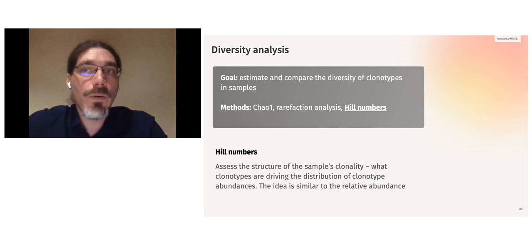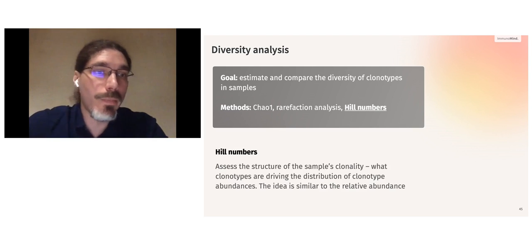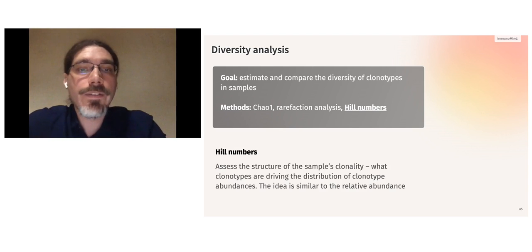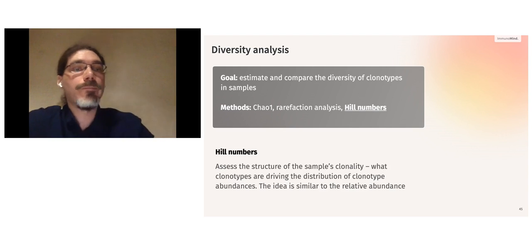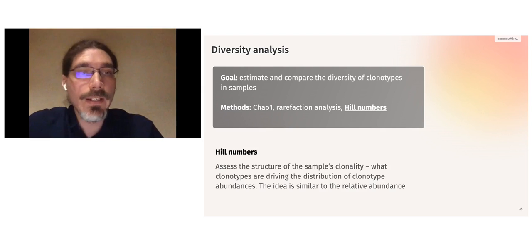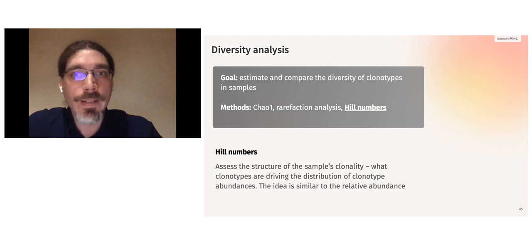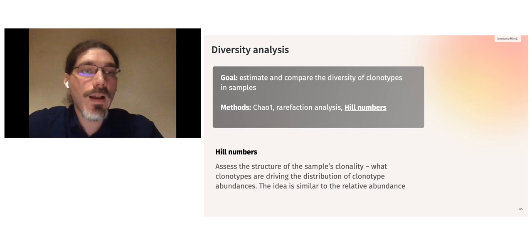A little bit on the more complex side, there is a method called Hill numbers. I think it was pioneered by Dr. Victor Greiff, where he applied machine learning to Hill numbers to classify different mice repertoires.